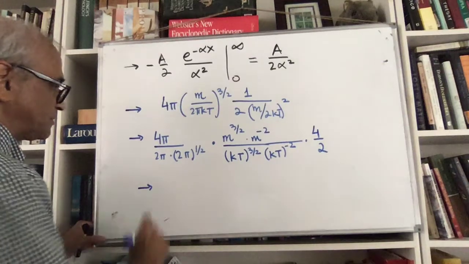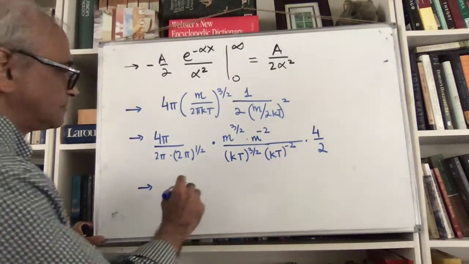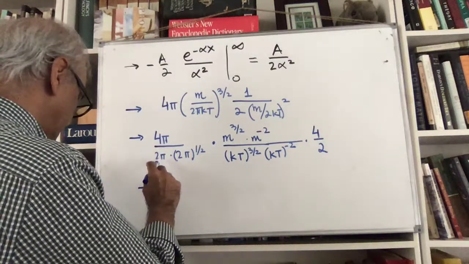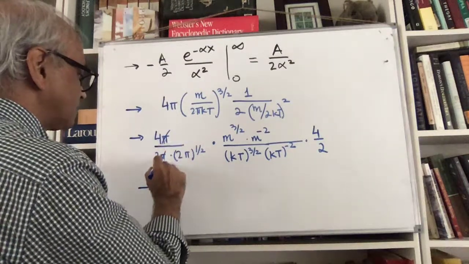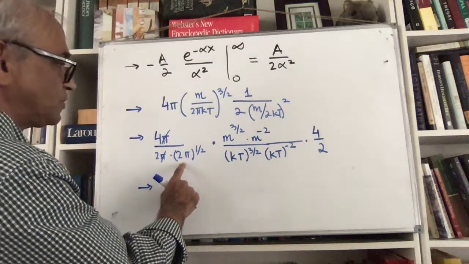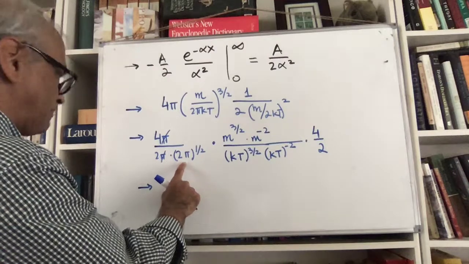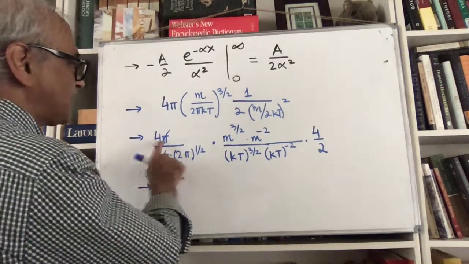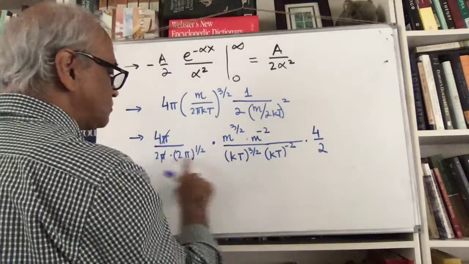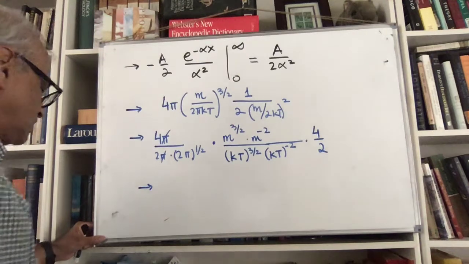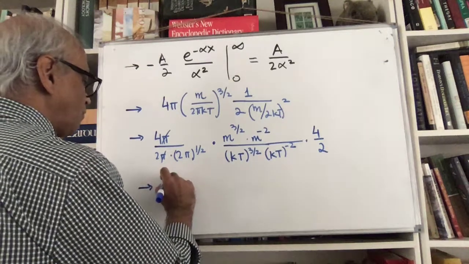Look at this now, what happens. 2 pi cancels out, so I possibly will have a pi in the end. So 4 times 4 is 16, 2 times 2 is 4, 16 over 4 gives me 4 upstairs.